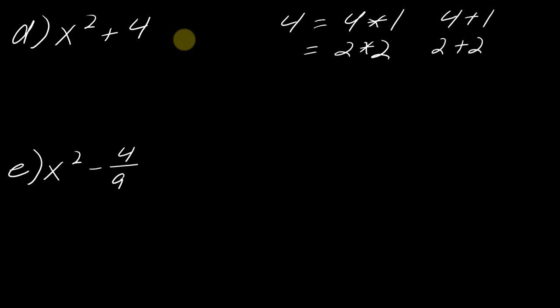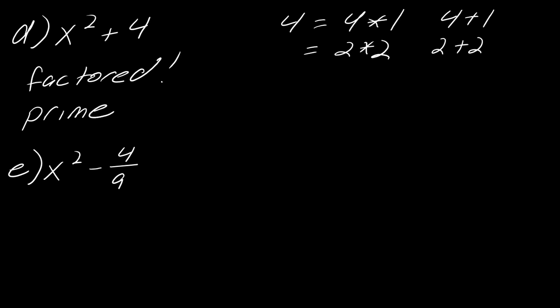So x squared plus 4 is a really common trick to play on people to see if they really understand factoring. This cannot be done. So this is already factored. Sometimes, by the way, instead of saying it's already factored, you might also hear the word prime. Factored or prime, it just depends on what system you're talking about.